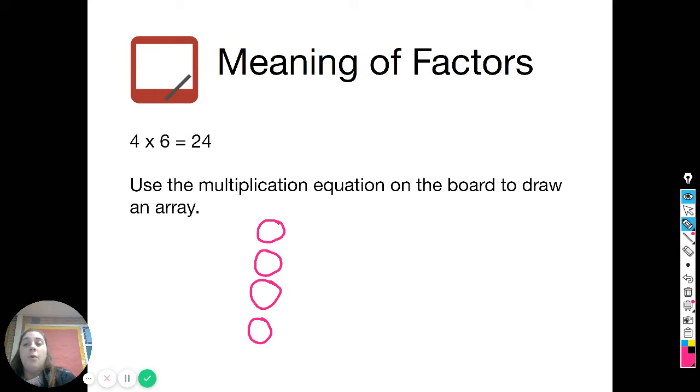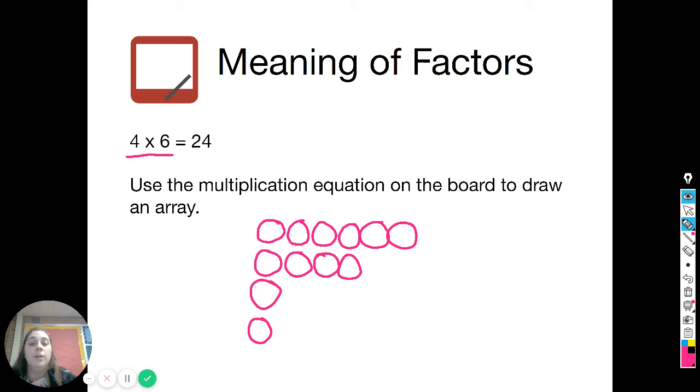And then I have 4 groups of 6. So I know that each of those rows has to have 6 in it. Now I'm going to go ahead and count. 1, 2, 3, 4, 5, 6. And the next row. 1, 2, 3, 4, 5, 6.